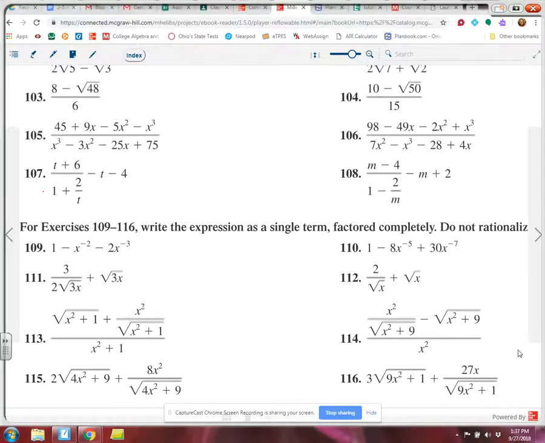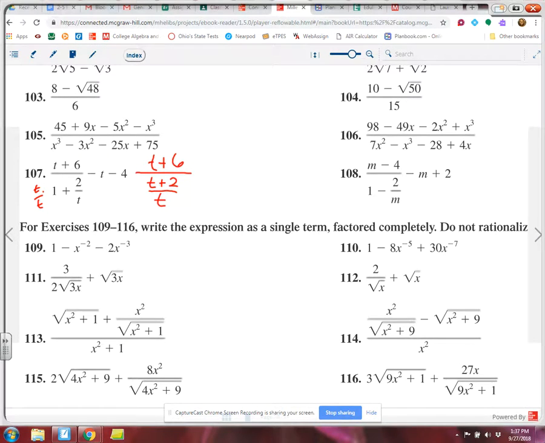So now what do I do with it? Yep, we flip and multiply.